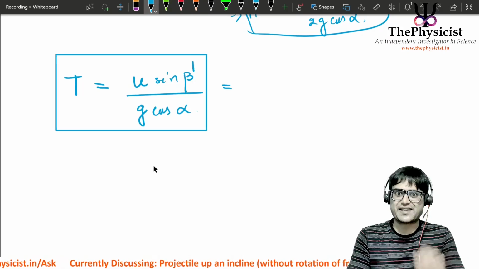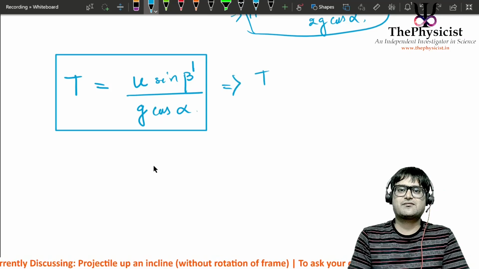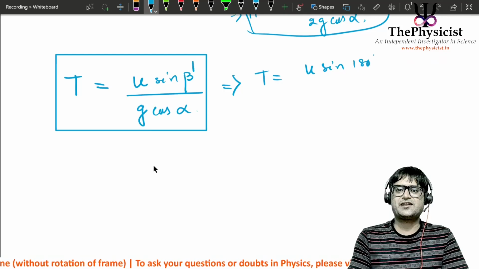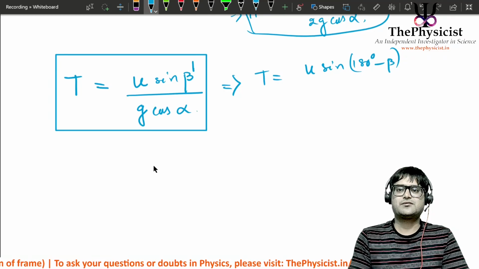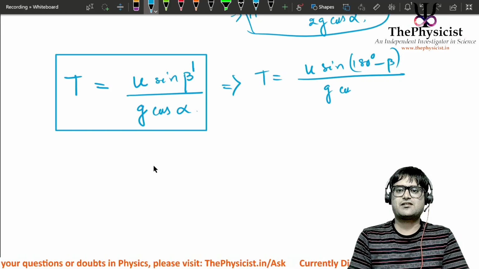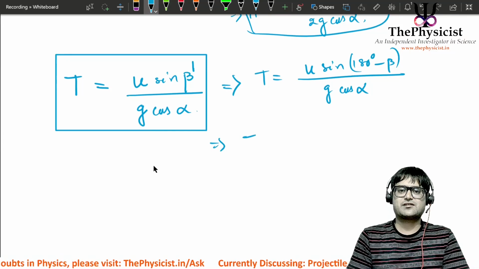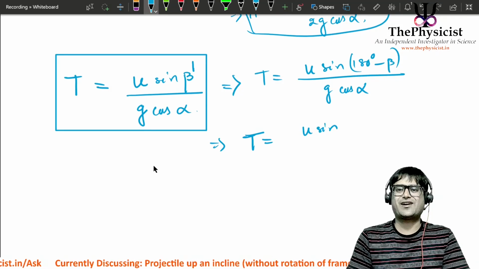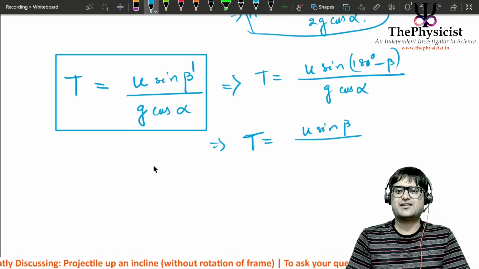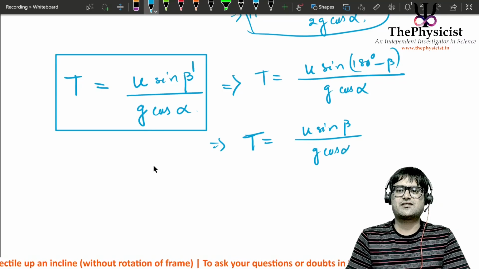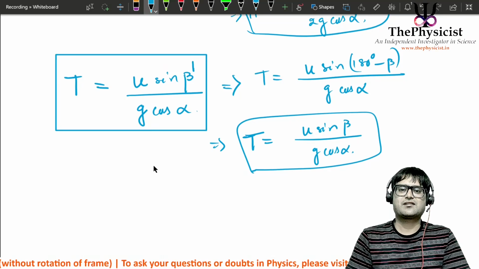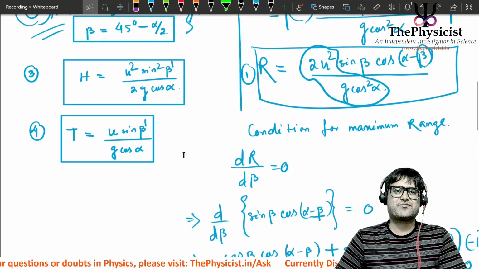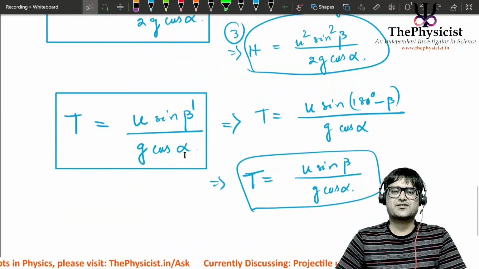So time of flight would be u sine of 180 degrees minus beta, which is still sine beta, divided by g cos alpha. I hope that clears the case. So we have the third and fourth already done.